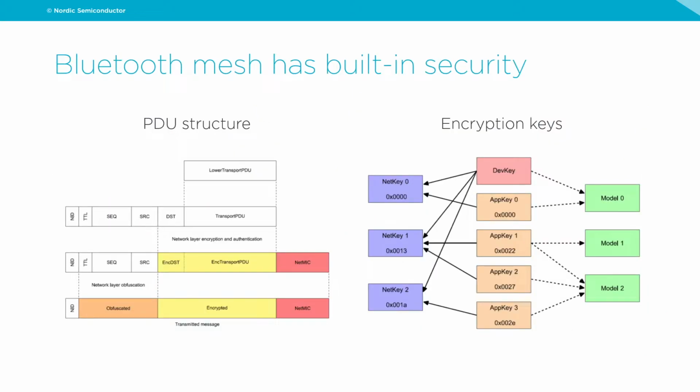There's also a high focus on security, as I mentioned. So I'll show two illustrations of how this looks in the standard. This is a payload for a Bluetooth Mesh packet, and you see the payload is encrypted. It obfuscates the header, and it has a sequence number, so it has some uniqueness to each packet, so you cannot do replay attacks.